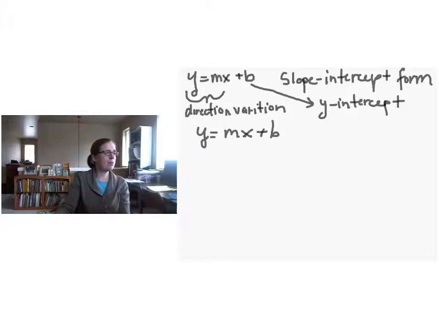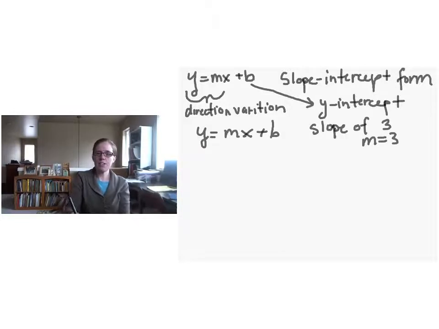Let's plunk in those things that we know. It tells us it has a slope of 3. And remember, m is slope, so m equals 3.